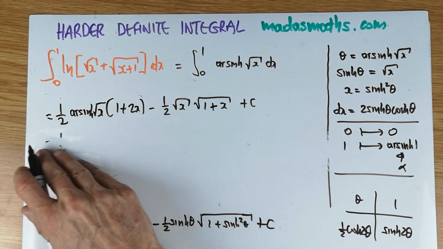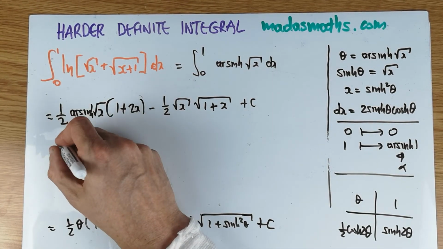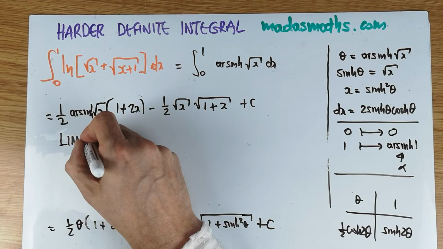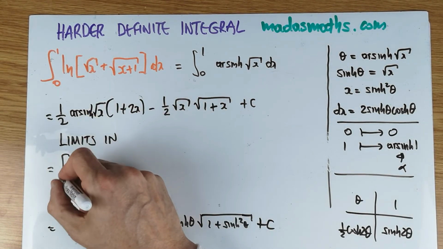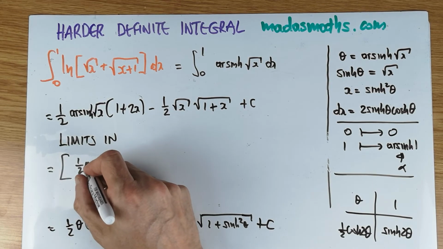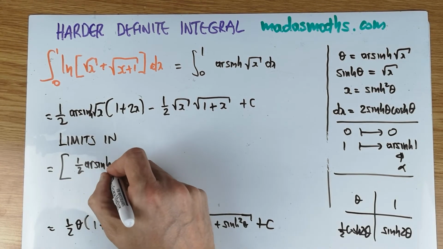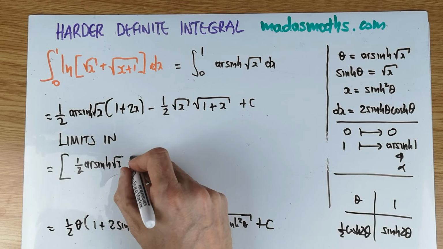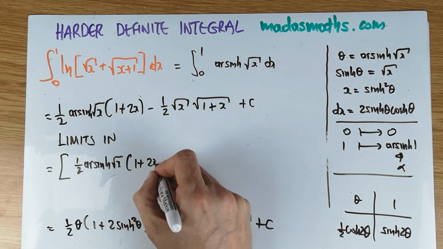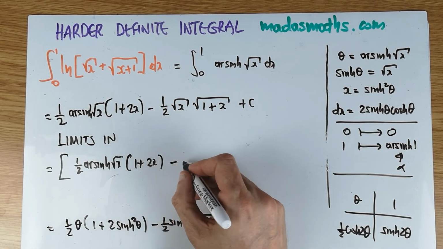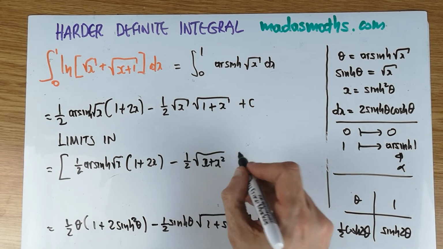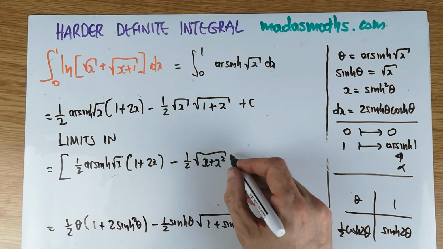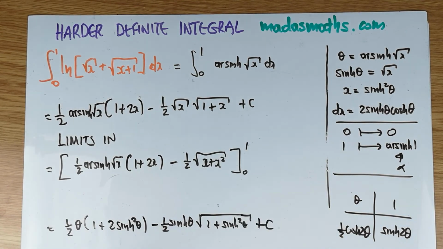Actually, it's probably a good idea to put the limits in now, so that's going to be this quantity. And that's 1 plus 2x and minus a half. And if we multiply the third quantities, the radicals there, we get that. And 0 to 1. And where are we with this now?